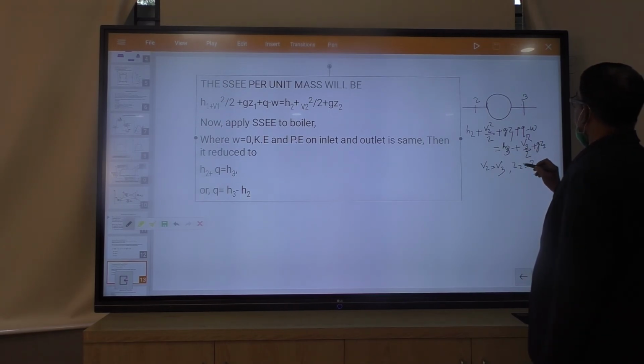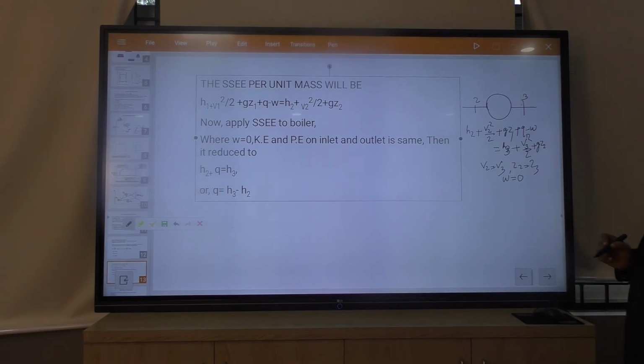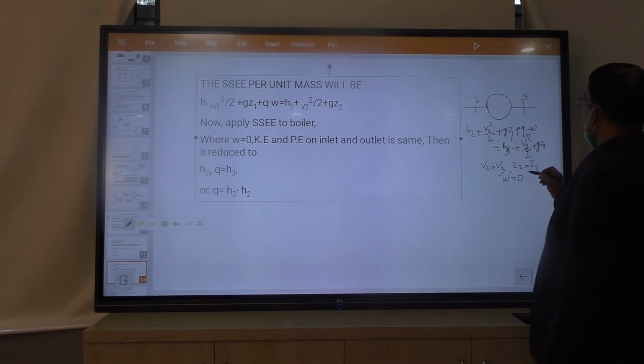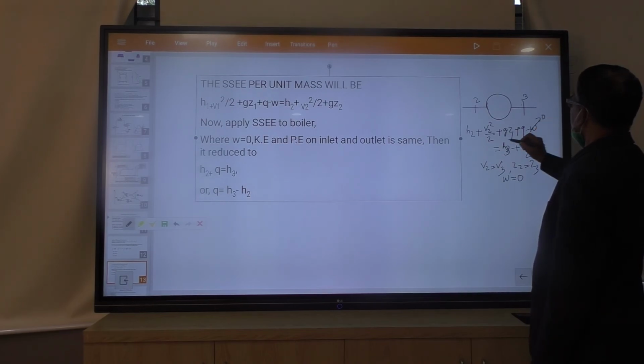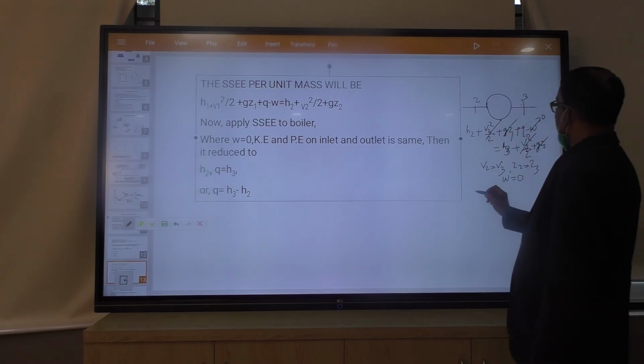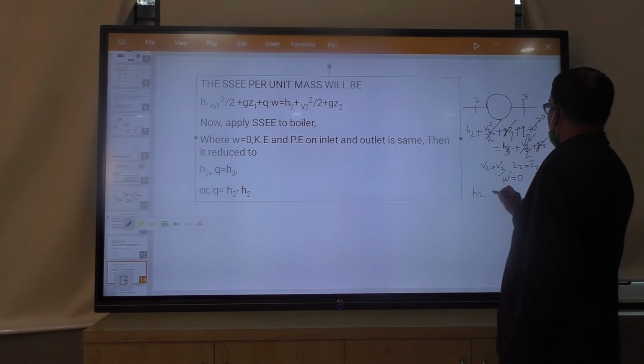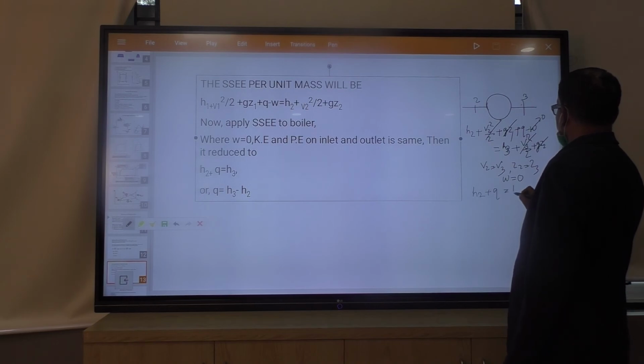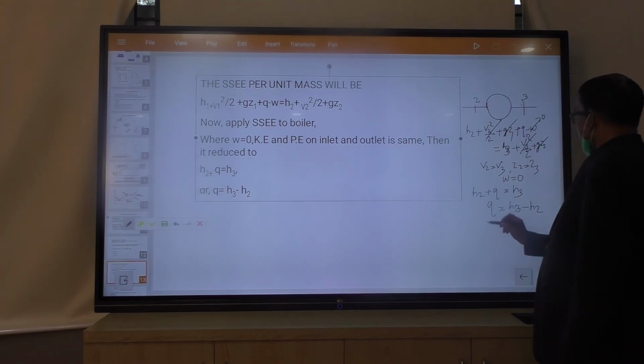Also W is 0, there is no work here, only heat transfer takes place. So finally H2 plus Q is equal to H3. So Q is equal to H3 minus H2. So this is the heat input in the cycle, in the boiler.